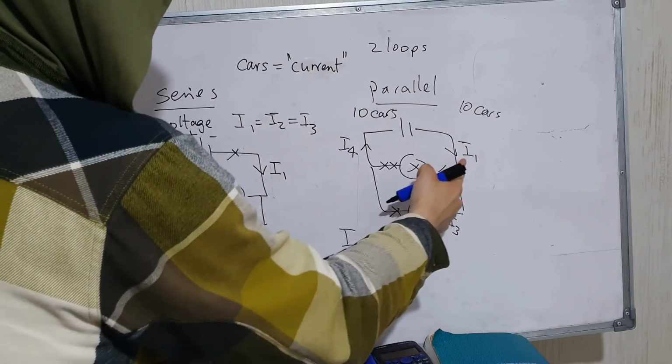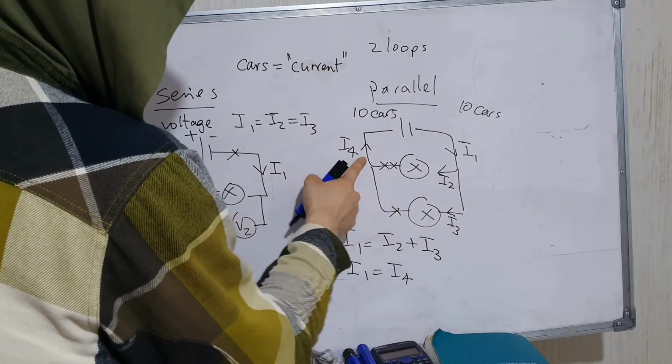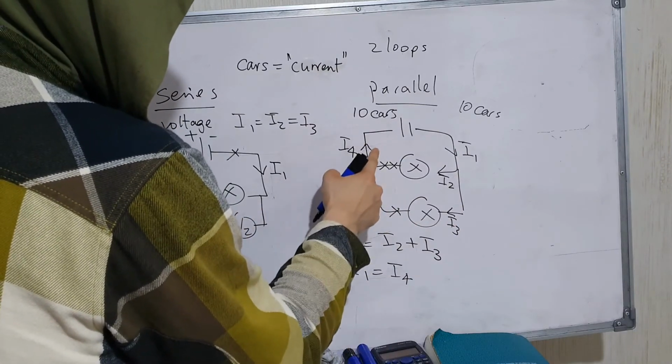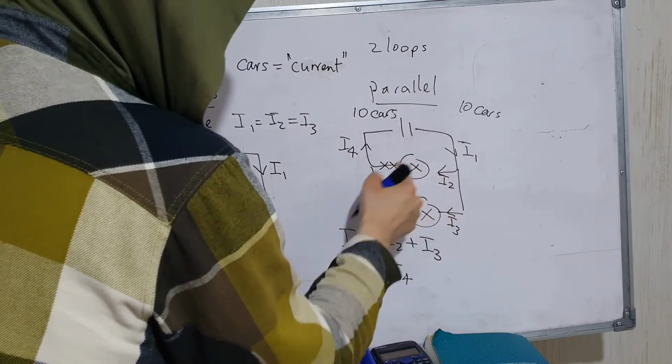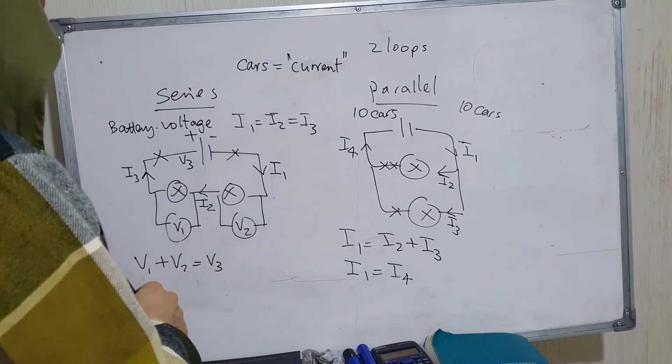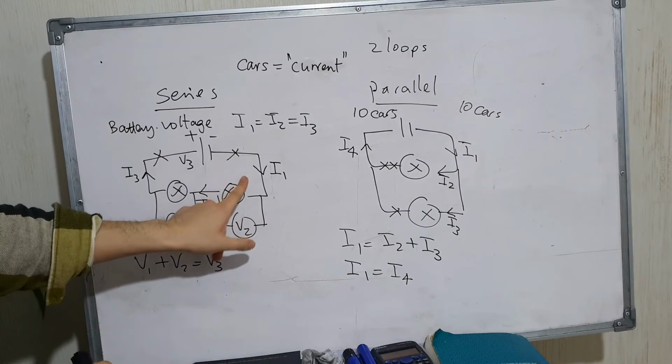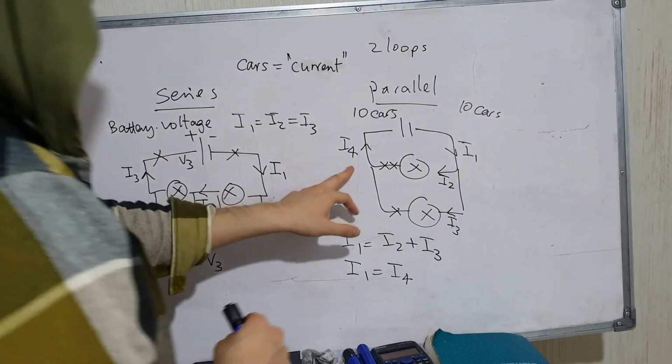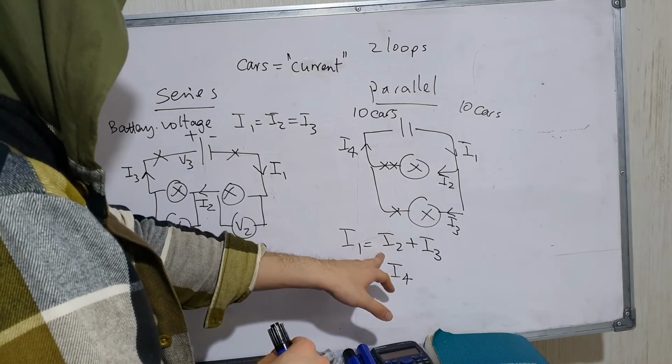So that's why when the cars join up at this point, it's always going to be the same as any one of those two circuits. In this case, the current is the same in the whole circuit. In this case, the current can be split up.